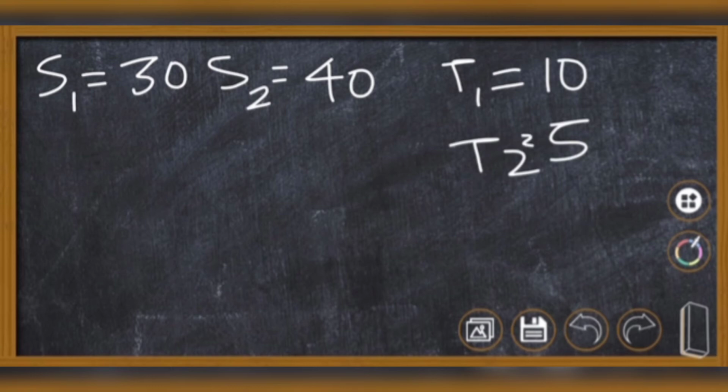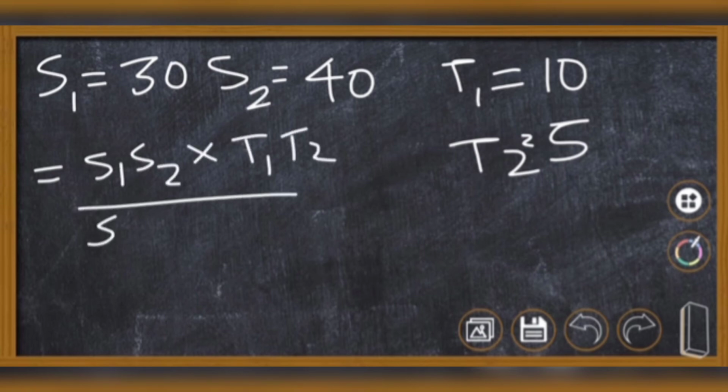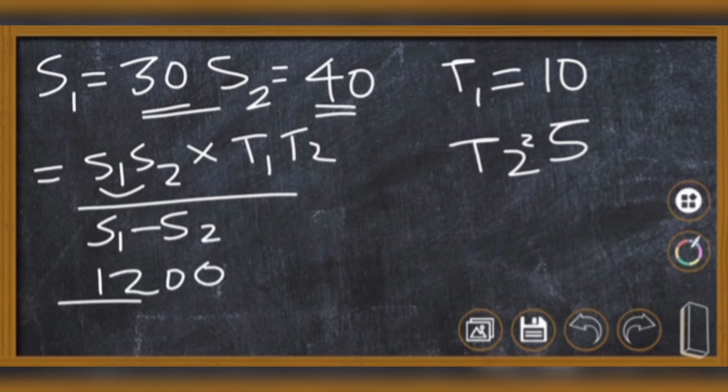Okay, this is in minutes, we have to convert into hours. Now S1 S2 into T1 minus T2 divided by S1 minus S2. Okay. Now what is S1 S2? 30 into 40 gives you 1200. What about S1 minus S2? 30 minus 40 we get minus 10.